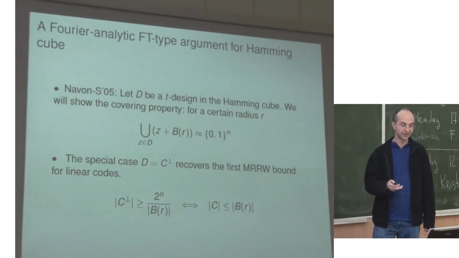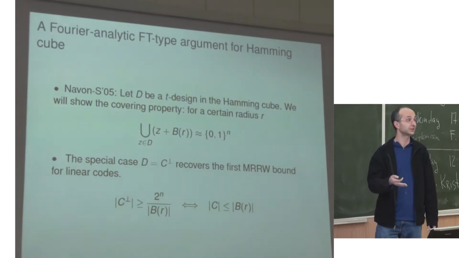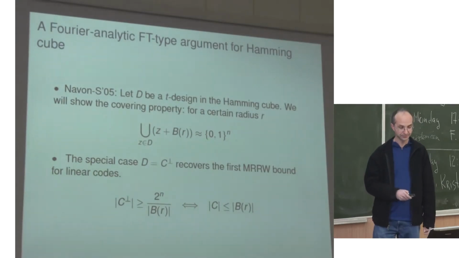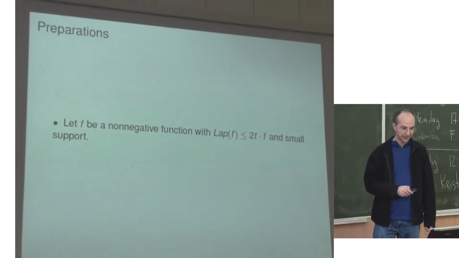Since we know that C dual, which is our design, is larger, basically up to some negligible factors, than the size of the space divided by the size of the ball, linear algebra tells us that the code is smaller than the number. Right? Because the product of C times C perp is the size of the space. So let's start with some preparations.